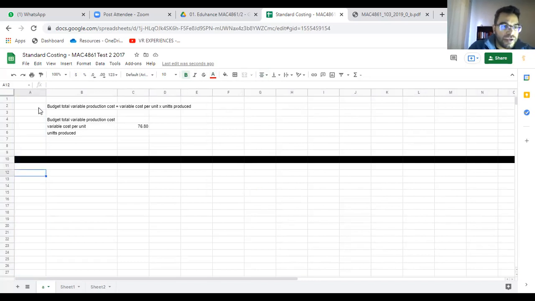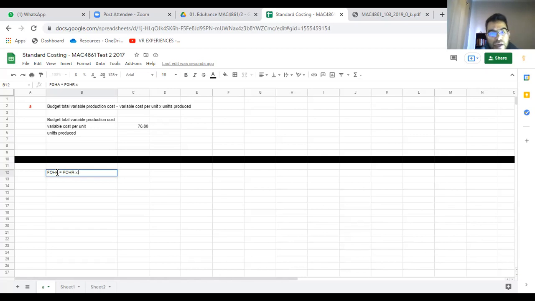So just take note that fixed overheads applied, what you apply to a particular product, would be as follows.